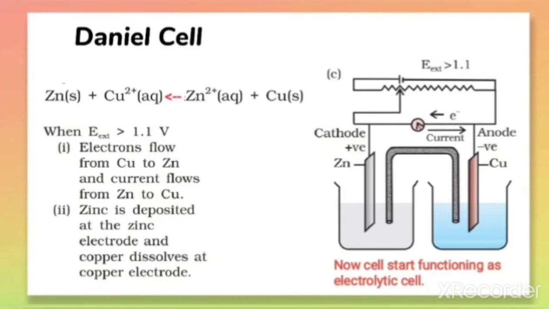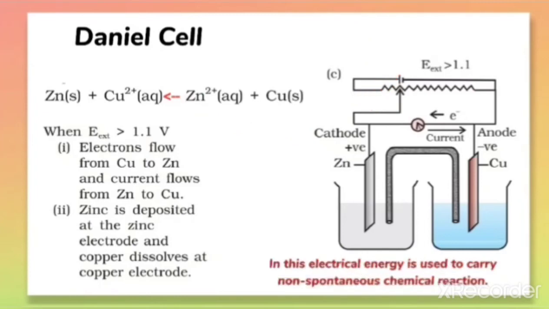Now why is it an electrolytic cell? Because the external potential is applied. That means the electric current is applied and it results in a chemical reaction, and this reaction is actually a non-spontaneous reaction. So here the electrical energy is used to carry out a non-spontaneous chemical reaction as shown in this equation. This is what we call an electrolytic cell.